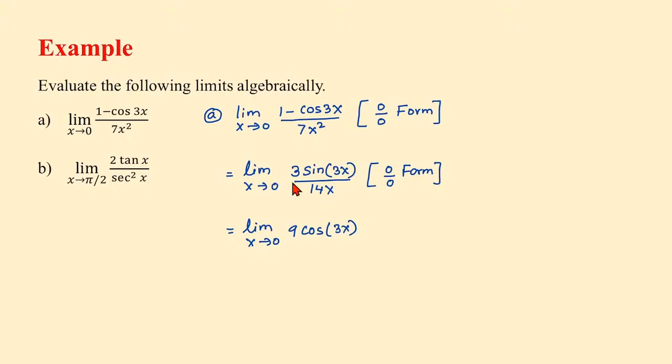And in the denominator, derivative of 14x is 14. Now, if we try direct substitution, denominator is 14, numerator will be 9 times cosine 0. Cosine 0 is 1, so 9 times 1 over 14, which is equal to 9 over 14.